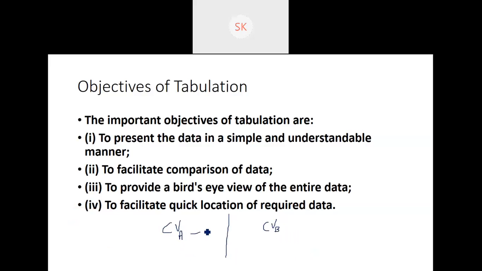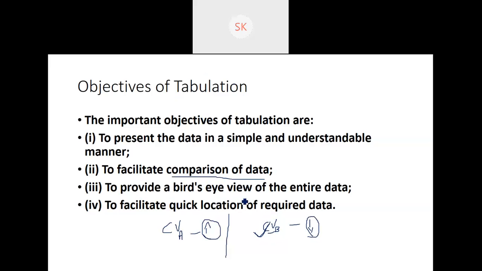CV of A was more and CV of B was less, so we selected B. Why did we select B? When compared to A's value, B's value was less. So that is why we selected B in terms of coefficient of variation. So tabulation will always help us in comparison of data.